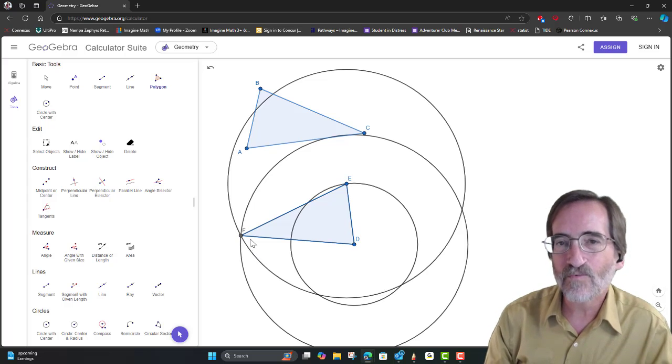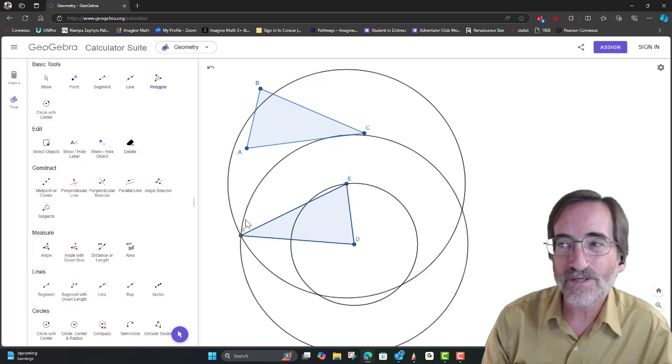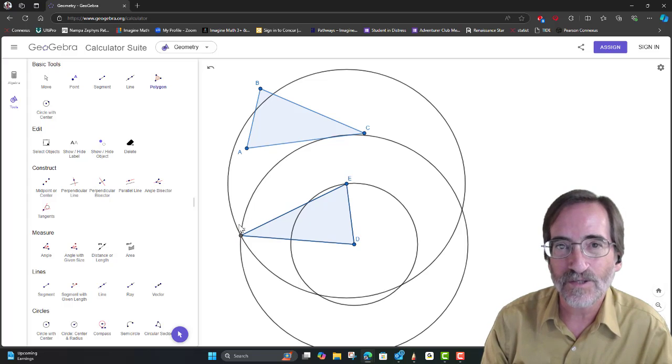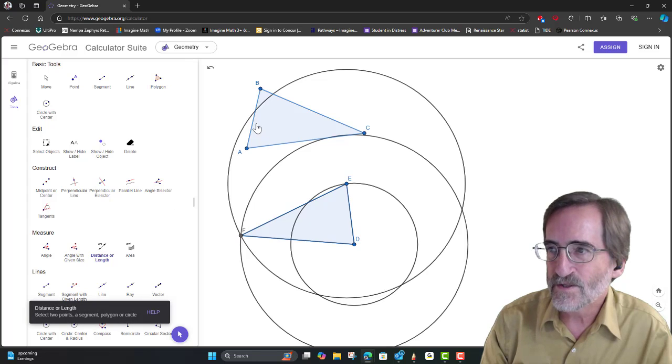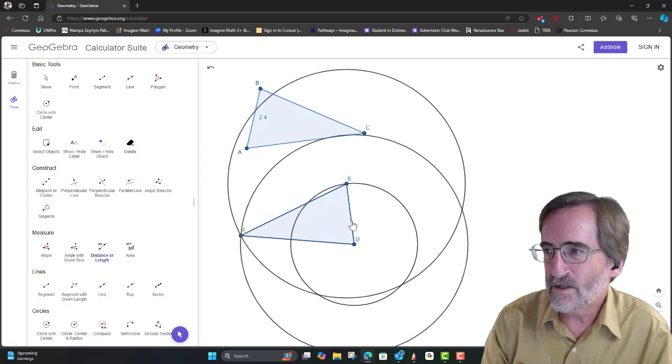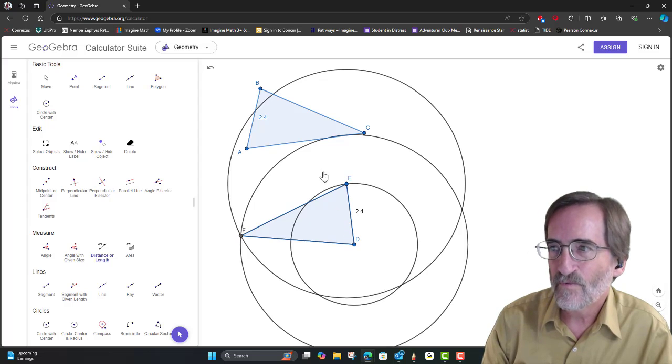We measured the 3 sides with our compass. Notice I didn't measure any angles at all. I just measured sides. Well, let's find out. First, I'm going to go down to the measure set of tools and measure distance. Distance from A to B, 2.4, and D to E, 2.4.